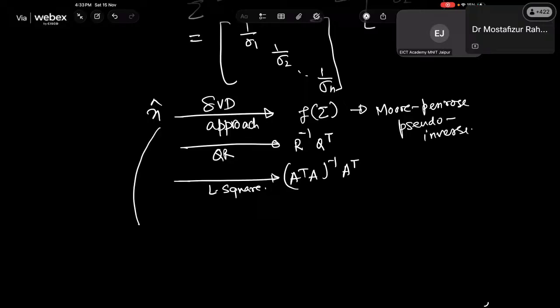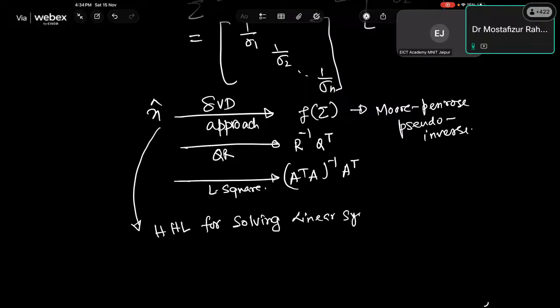And this is exactly what is used in an algorithm called the HHL algorithm, Harrow-Hassidim-Lloyd algorithm, for solving linear systems on a quantum computer.